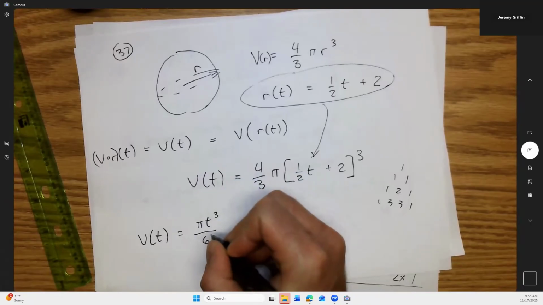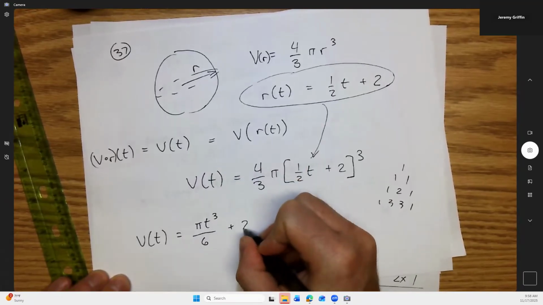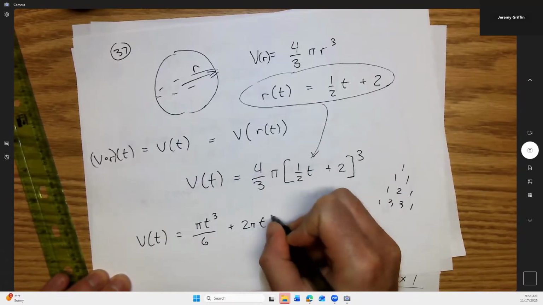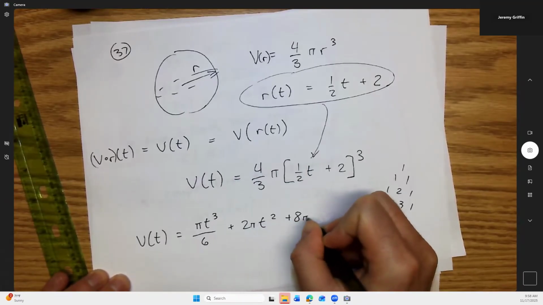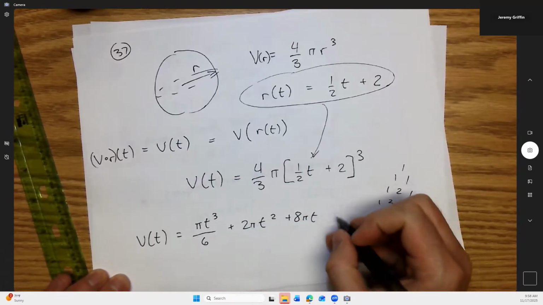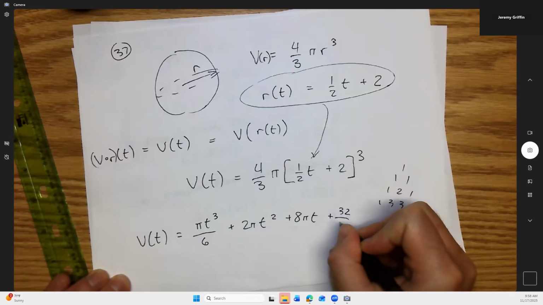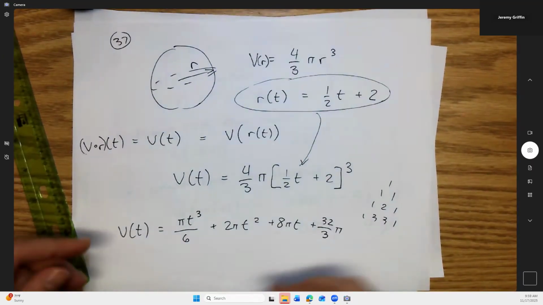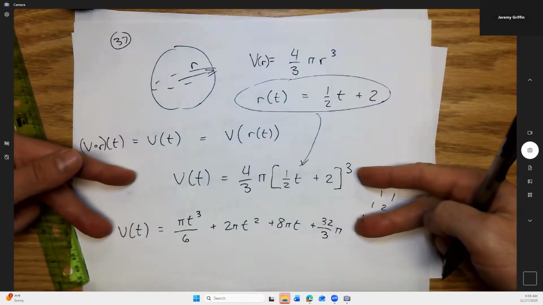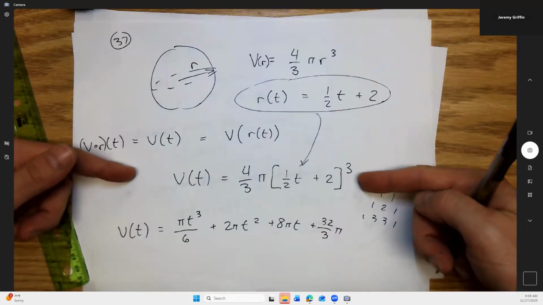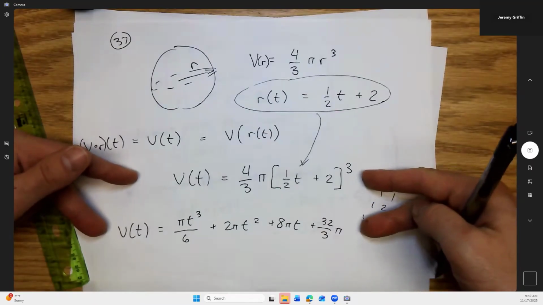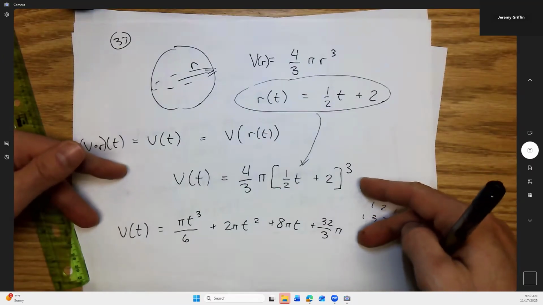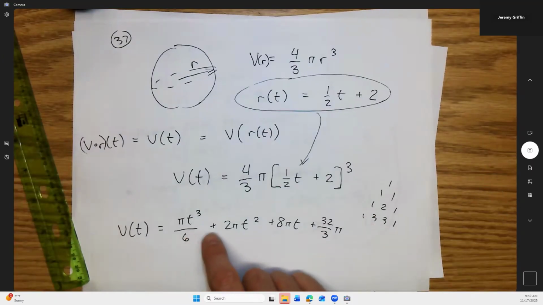It's like this, plus 2 pi t squared plus 8 pi t plus 32 over 3 pi. Something like that. And this could be the same thing. So if Alex asks you this question, I bet you could type in either one and get full credit. But with either one of these, you can plug in, say, 3 seconds have passed, and it'll tell you exactly what is the volume of the balloon. So there you go. There's composite functions.